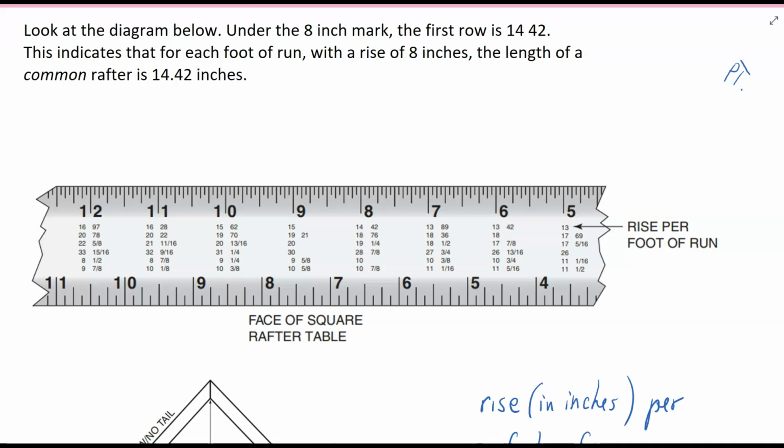Under the 8-inch mark right here, the first row reads 14 and then a space 4-2.